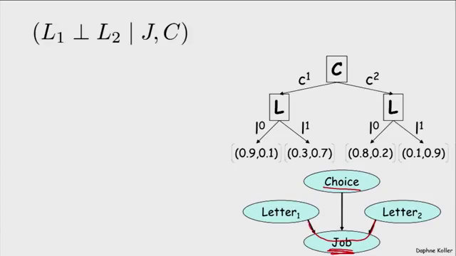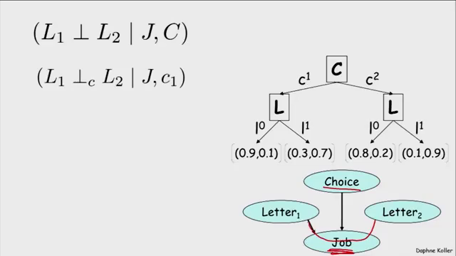But now let's think about this in more detail. And let's do a case analysis just like we did before. So we're now going to ask if letter 1 is independent of letter 2 given J and C1. Well, what happens in the context C equals C1? In this case, there's no longer a dependence between job and letter 2 because the recruiter is never given the second letter.